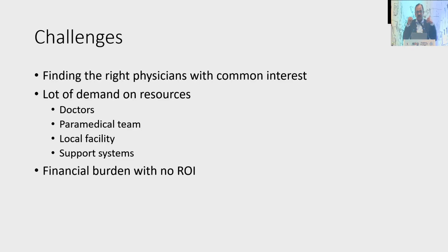What is it that we can do beyond this? Because we know that there is an epidemic of diabetes. How do we ensure that at least every patient's vision is preserved? As ophthalmologists, we have to do it.